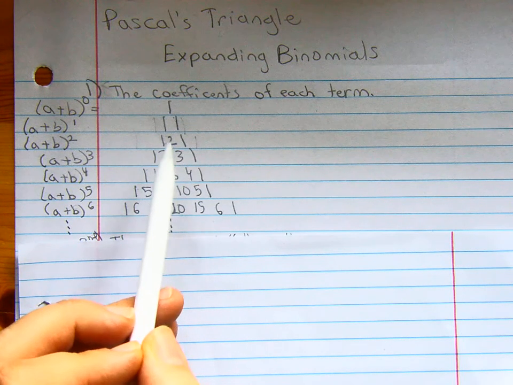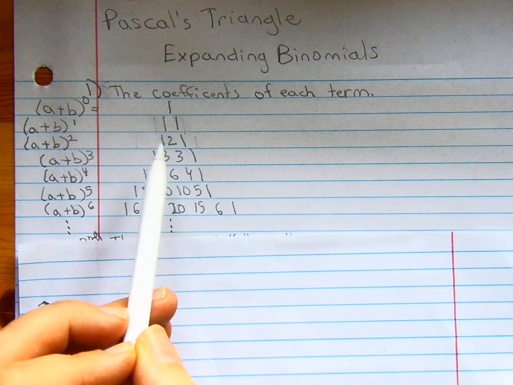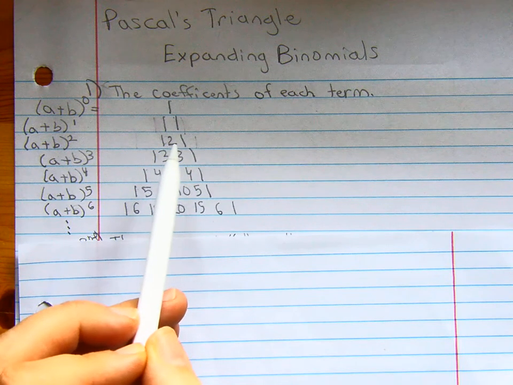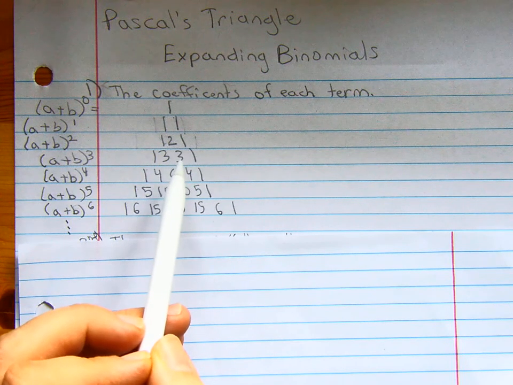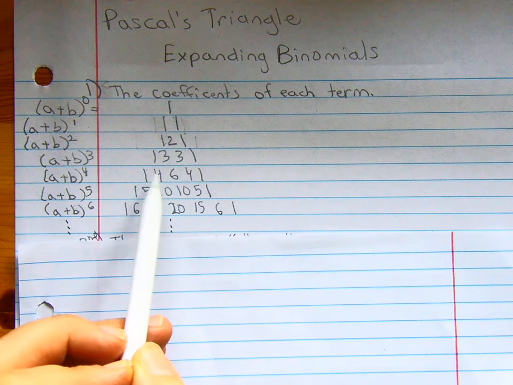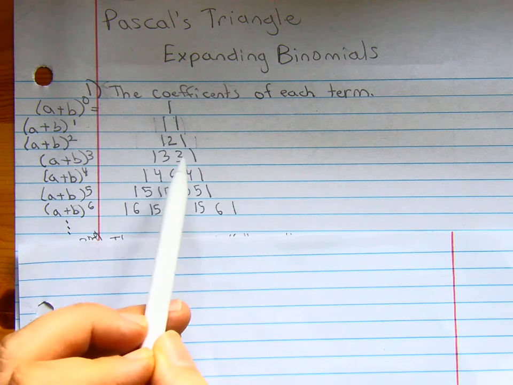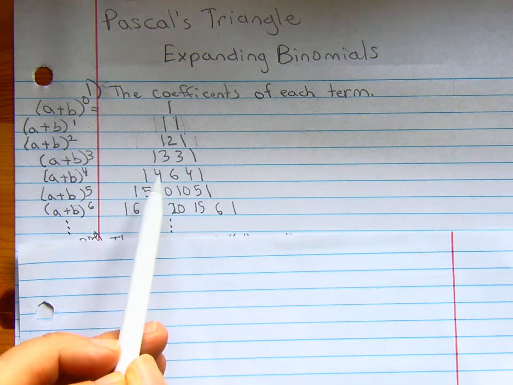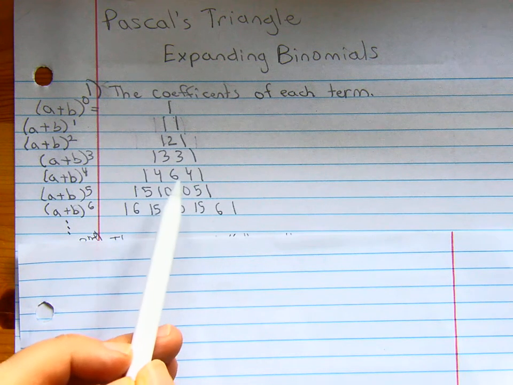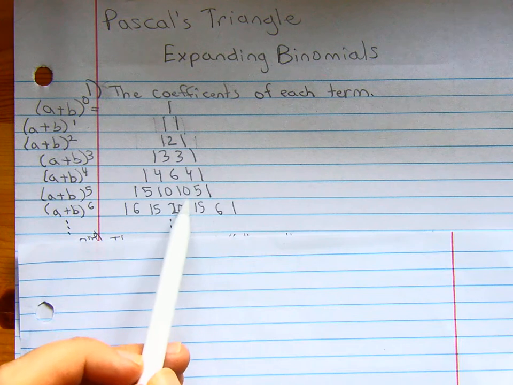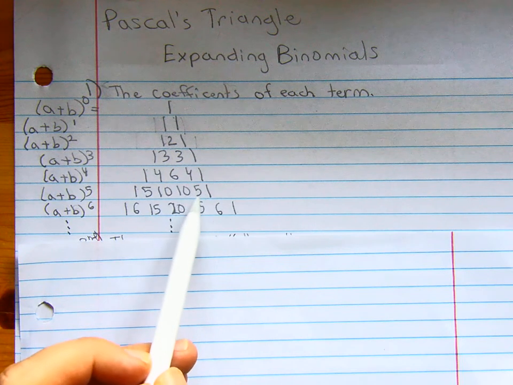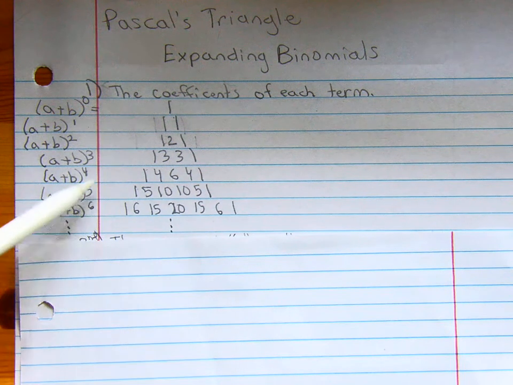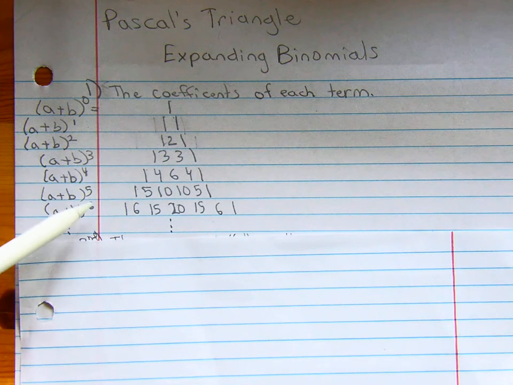So 1 plus 1 gives us 2. 2 plus 1 gives me 3. 3 plus 1, 4. 3 plus 3, 6. 6 plus 4, 10. 4 plus 1, 5. And that would extend indefinitely regardless of what your exponent is.